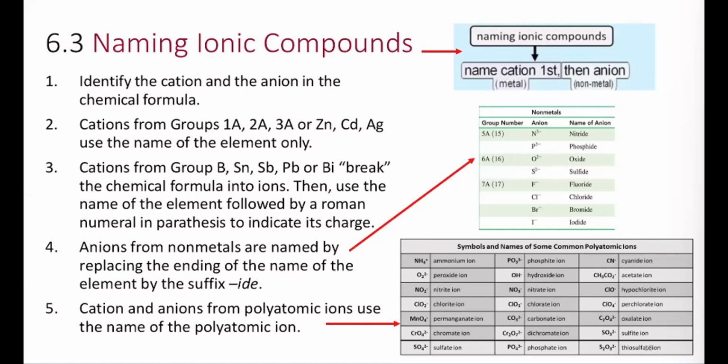Now, understand that when it comes to the cation, if they live in group 1A, 2A, 3A, or they are zinc, cadmium, silver, you're just going to write the name of the element. This is why I was mentioning in the first half of the class to make sure that you are familiar with the tables and the information that I tell you.